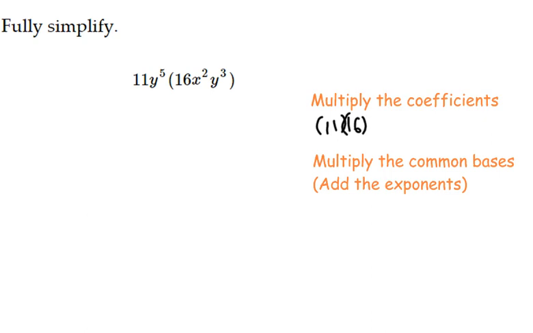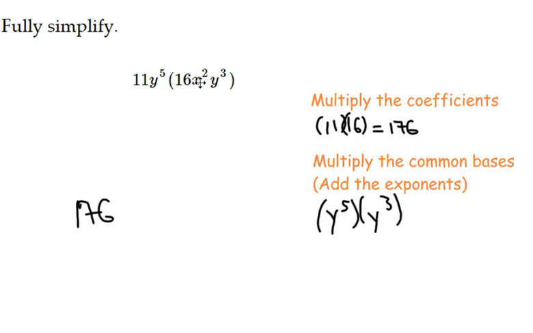So what's 11 multiplied by 16? That's 176. Now we have to multiply the common bases. So we multiply y to the fifth by the common base, y to the third.